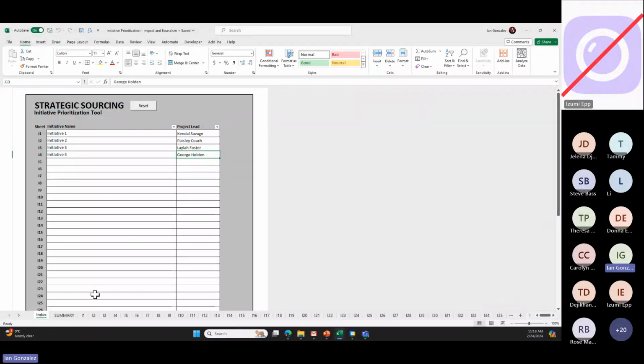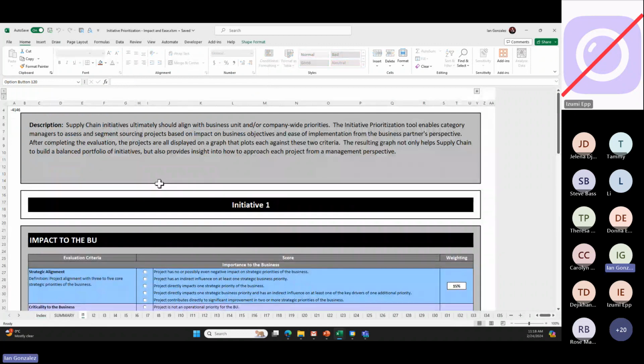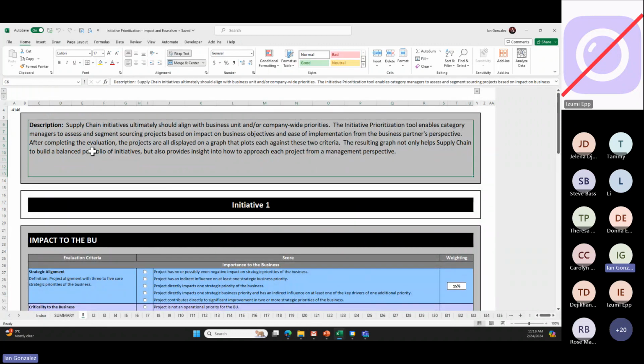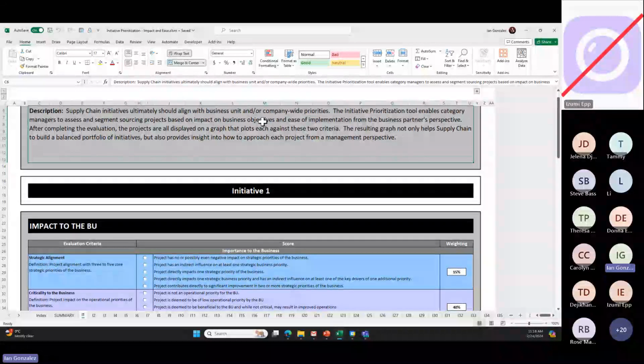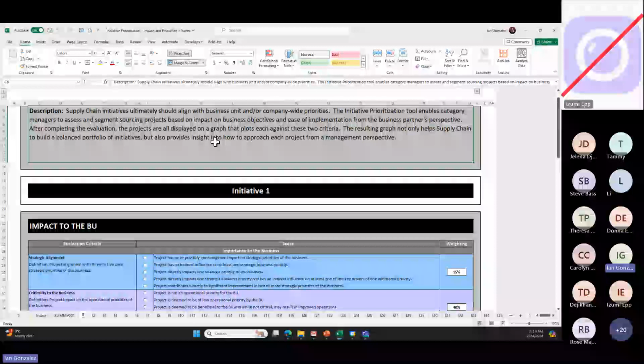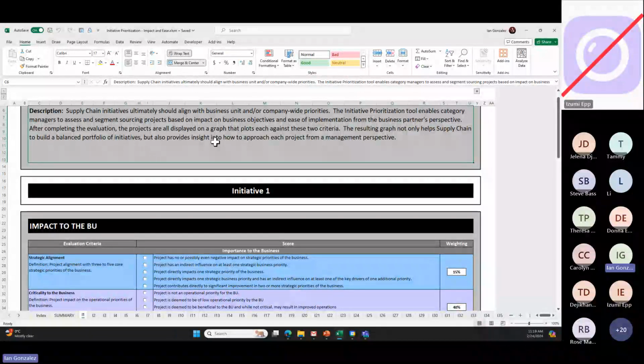Then let's say you have 4 initiatives. Every initiative has a tab, a sheet over here. So let's go to initiative 1. It's a survey form. Let's read this. It says, the supply chain initiatives ultimately should align with business unit and company-wide priorities. This initiative prioritization tool enables category managers to assess and segment sourcing projects based on the impact to the business objective and the ease of implementation from the business partner's perspective.